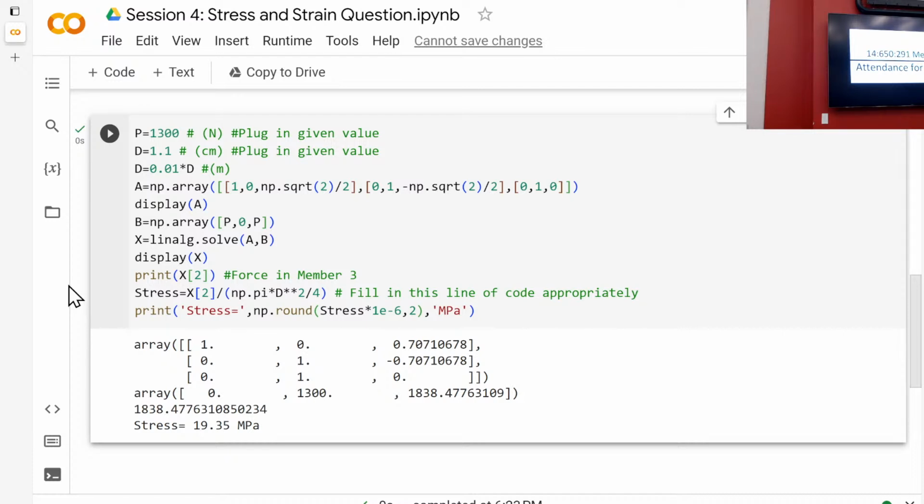Yeah. MATLAB and Python are actually very similar. The number's not right.